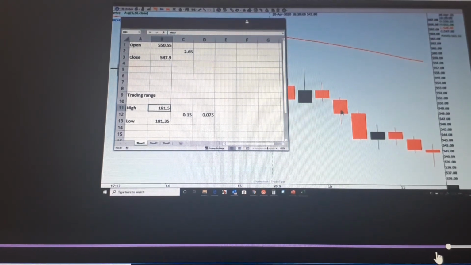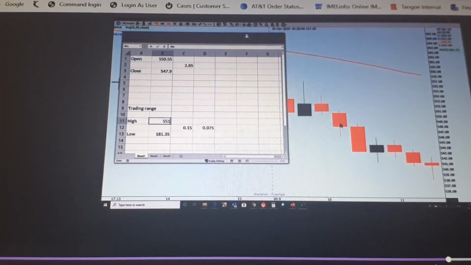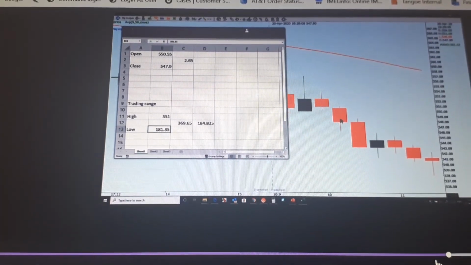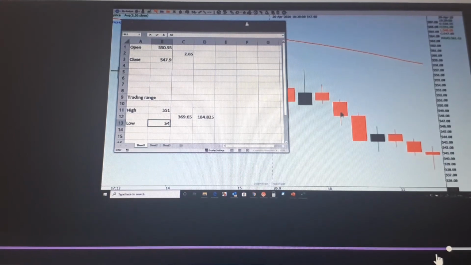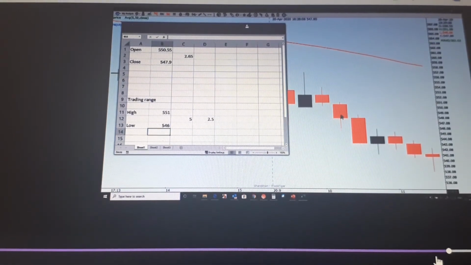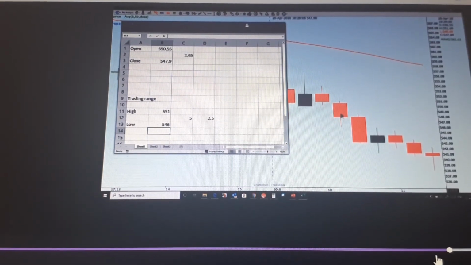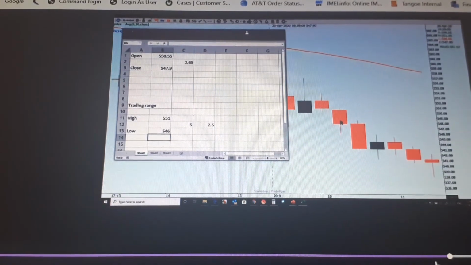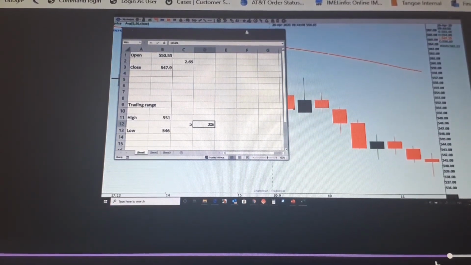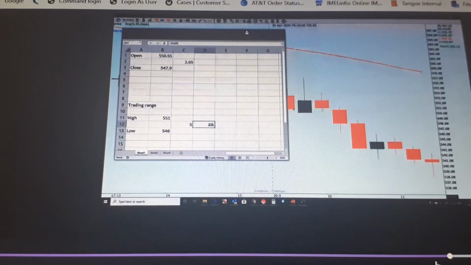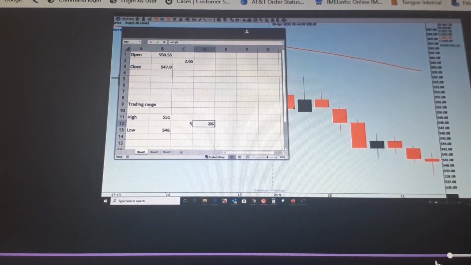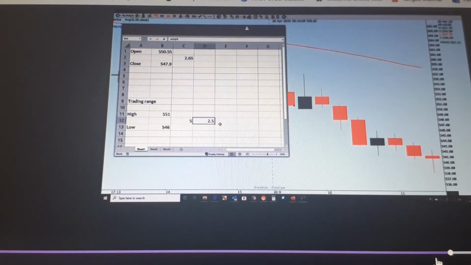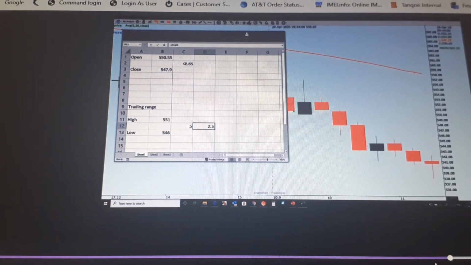So let's calculate the range. High is 551 and low is 546. Okay, now what do you see? What is greater, the body or the range? This is your range, 2.5. Is the range greater?